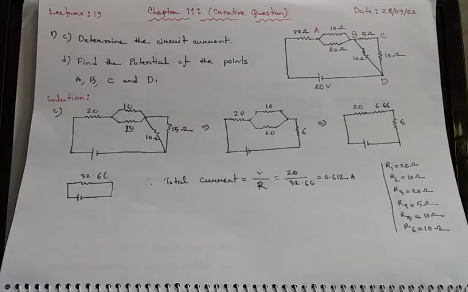First of all, let's solve question number C. Determine the circuit current. All of you know that for determining the total current of a circuit, you have to calculate the combination of resistors. That means the equivalent resistance. You have to determine the total equivalent resistance of that circuit, and then you can find the total current.